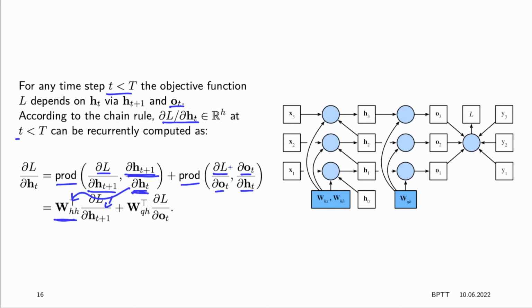Similarly, O_t depends on H_t via the weight matrix W_QH, so W_QH transpose. So in our simplified linear neural network, we get the sum of these two matrix-vector products.